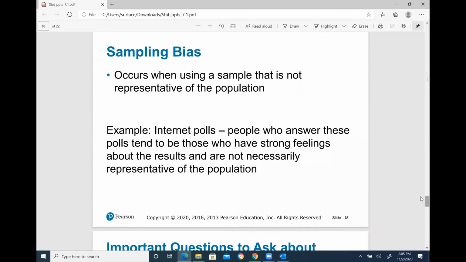Sampling bias occurs when using a sample that is not representative of a population. Another example is internet polls.